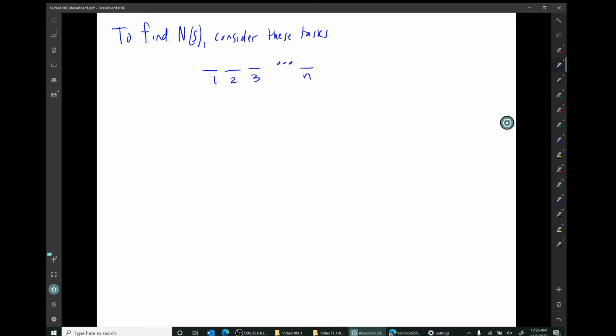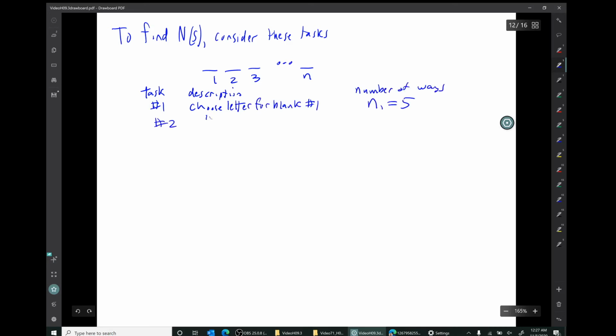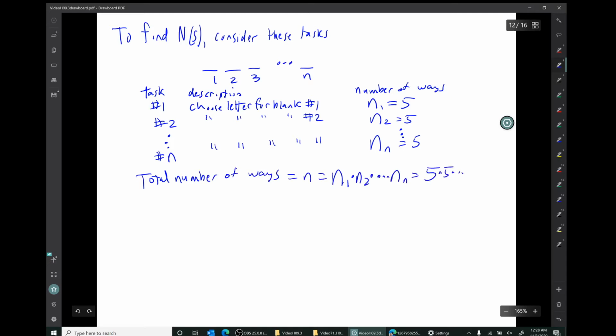Now, to find the number of elements in set S, we have to consider these tasks. We have to build a string of length n using the letters from the set A, B, C, D, E. We see that by the multiplication rule, the number of elements in set S is 5 to the n.